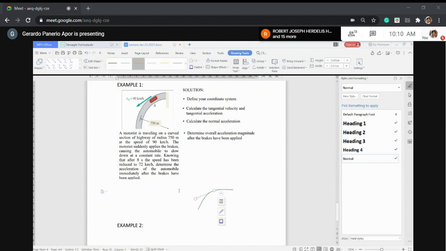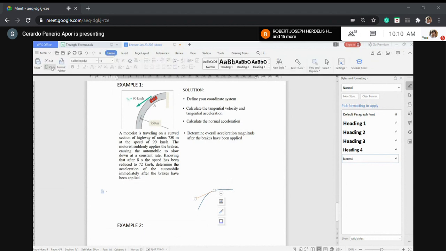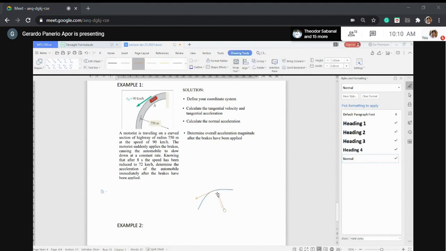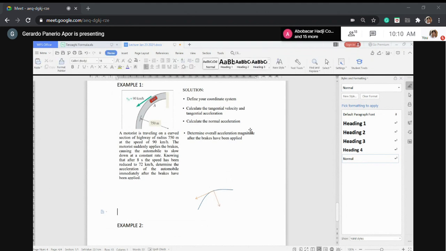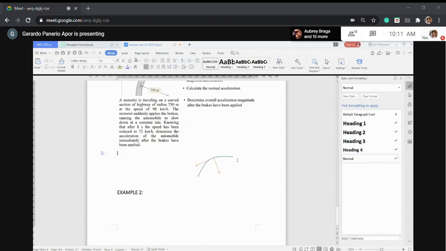So first, we copy this. We will name the normal and tangential acceleration. The normal acceleration, and the tangential acceleration, I'll put a subscript to that.